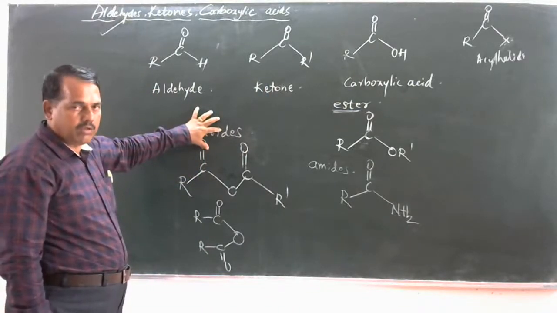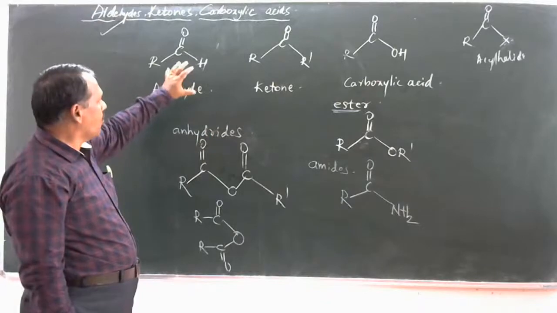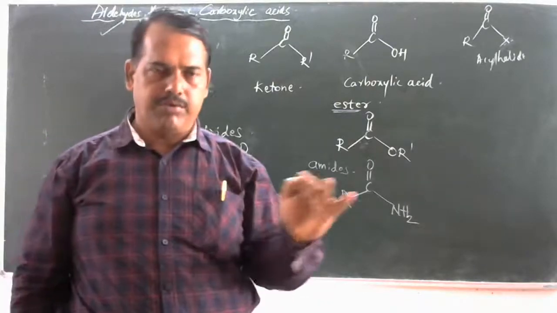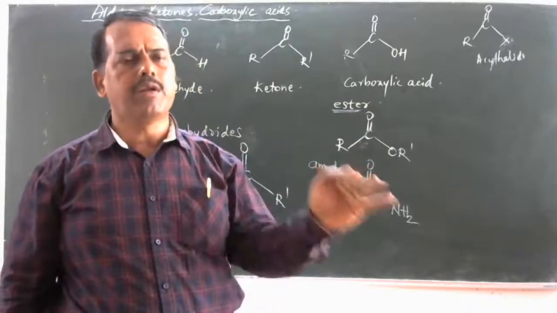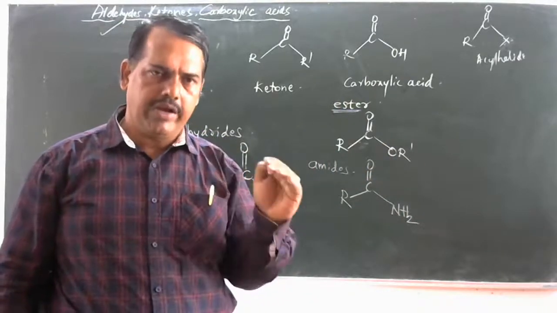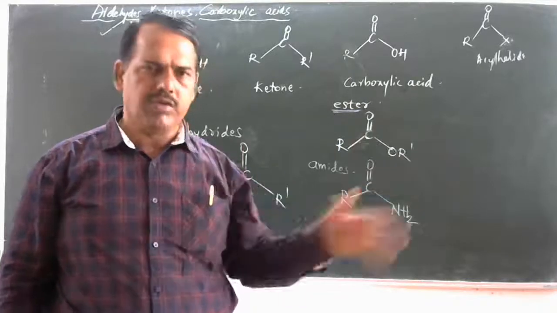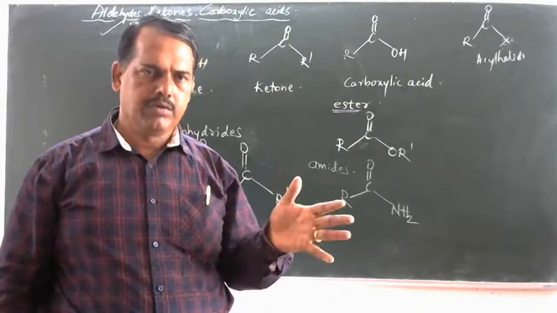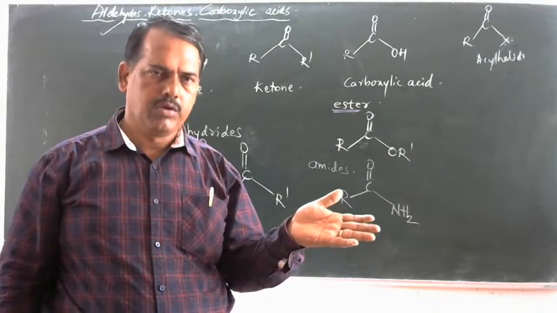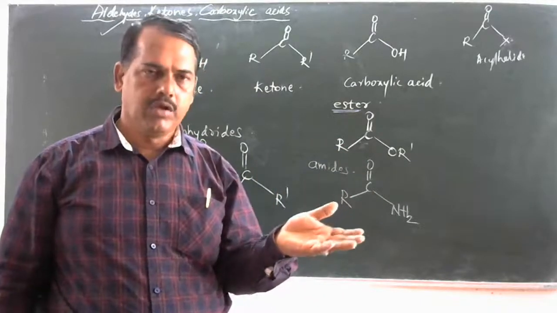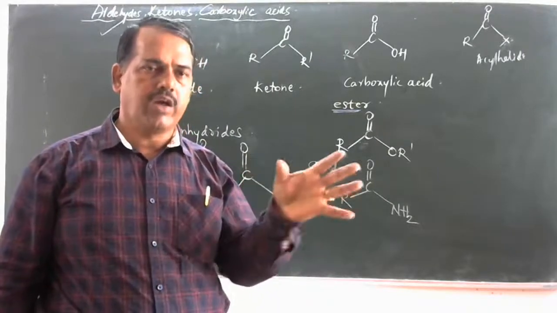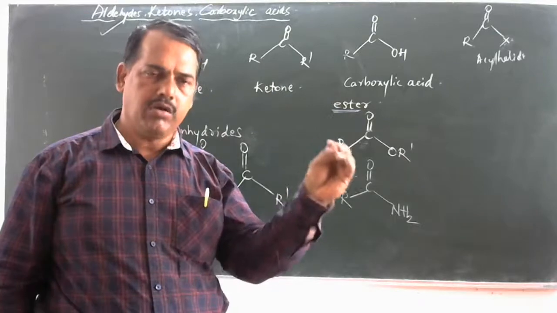Are you clear? See, if you know the general formula of a particular class of compound, any type of chemical reaction you can easily write. And these aldehydes and ketones we experience in our day-to-day life. Some of the organic compounds secreted in plants, which have a fragrant, pleasant odor, are nothing but aldehydes or ketones.